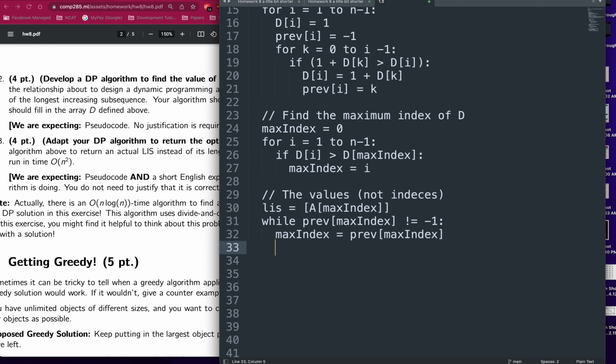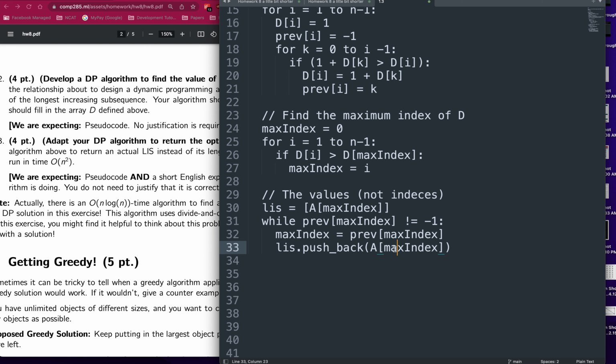So that's why we're setting you to the max index. Let's add you. We could say pushback because it's an array. Let's add you to the longest increasing subsequence, LIS, a of max index, something like this. And then we keep going, right?